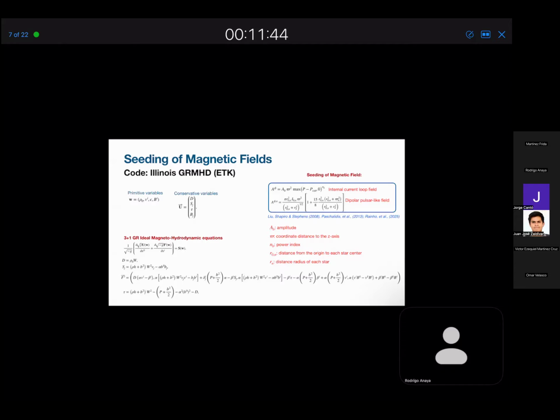These authors are the ones that propose this seeding of these magnetic fields and their related parameters. We can see here that this parameter A_b and this I_0 are related to the amplitude of our initial magnetic field.